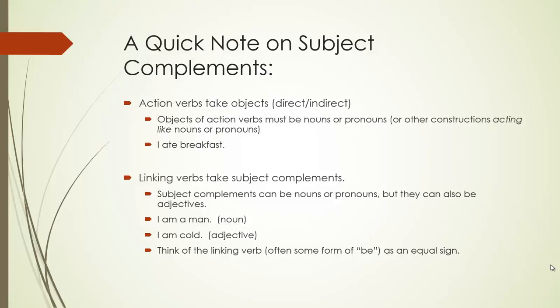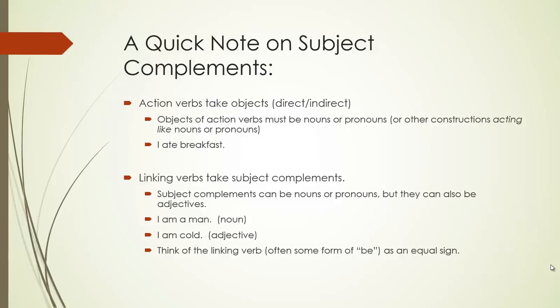If you're going through the course, don't worry, I'm not going to make you know the term subject complements. But when we talk about direct objects, I know some people can get tripped up because we're used to talking about objects, which are nouns or pronouns, and now we have subject complements, which can also be adjectives. So I just wanted to lay that out there. You don't have to be confused by the terminology. Just be aware that when you're dealing with a linking verb, you might have an adjective, okay?